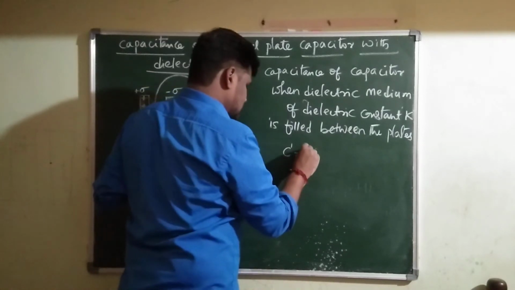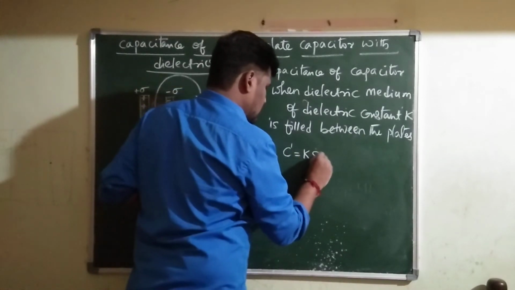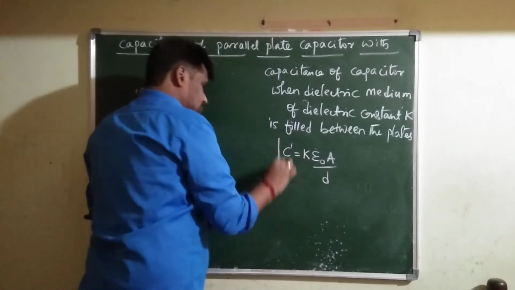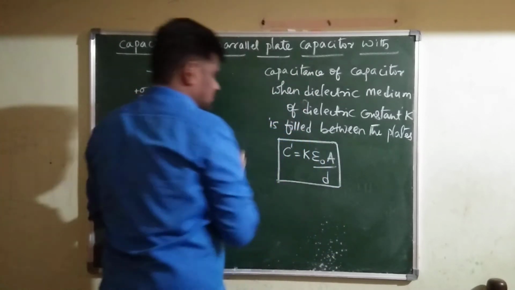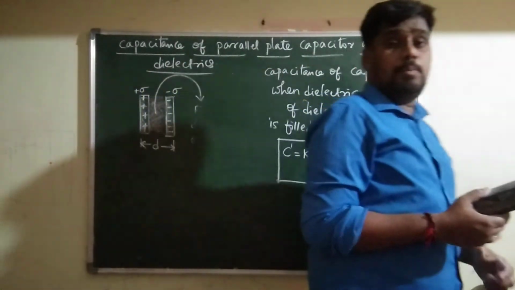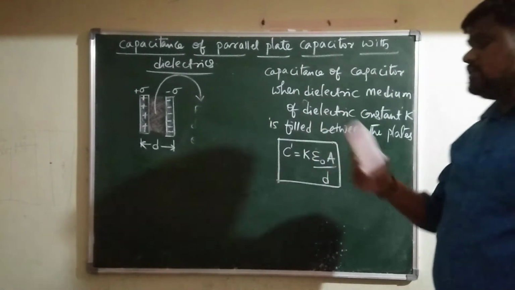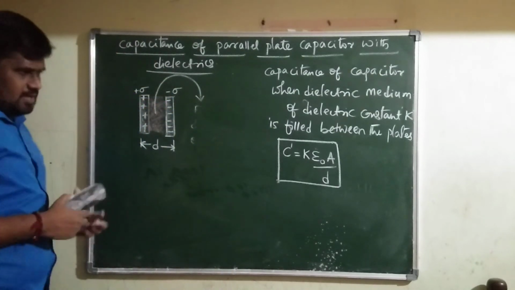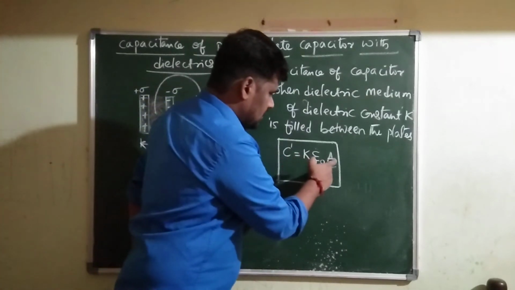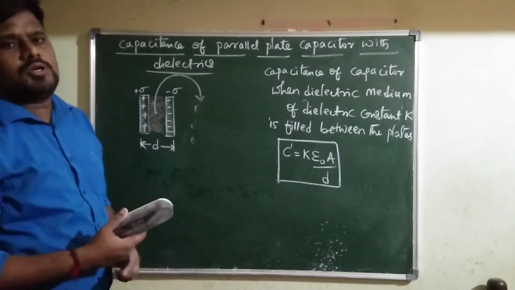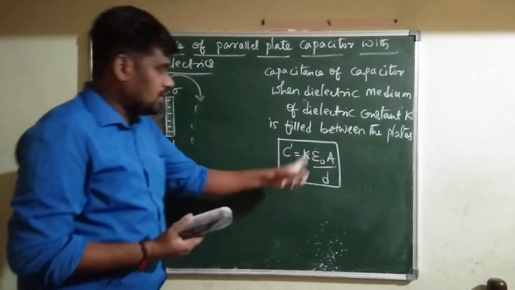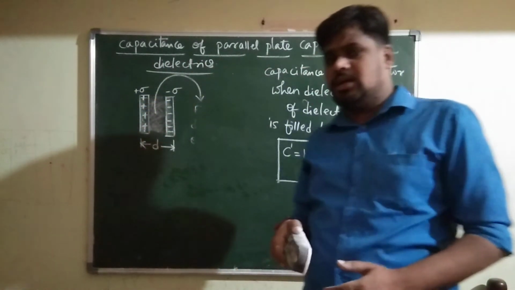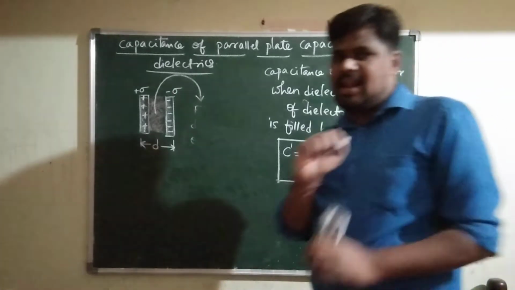C dash is given by K into epsilon naught A by D, the expression for the capacitance of a parallel plate capacitor when you are using a dielectric medium of dielectric constant K. Then what is epsilon naught A by D here? Epsilon naught A by D is the capacitance of the same parallel plate capacitor without any dielectric medium.